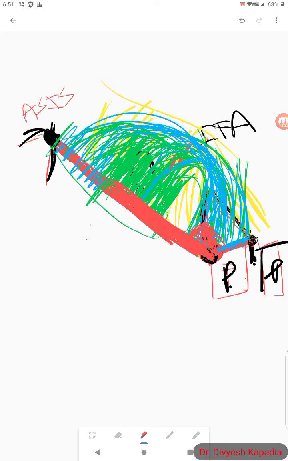So the floor is formed by the upper grooved surface of the inguinal ligament, and medially it is supplemented by the triangular lacunar ligament.